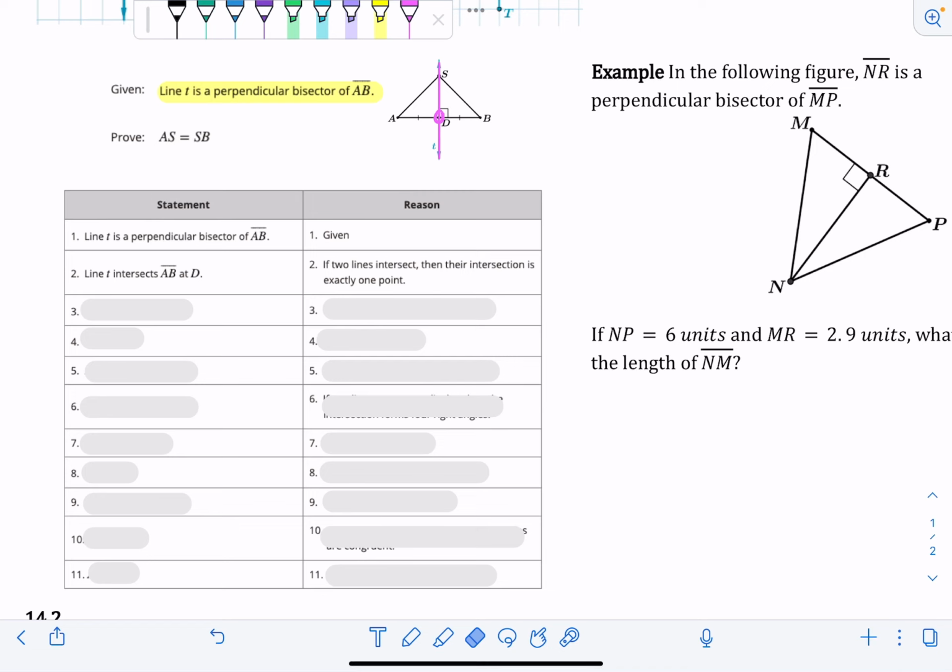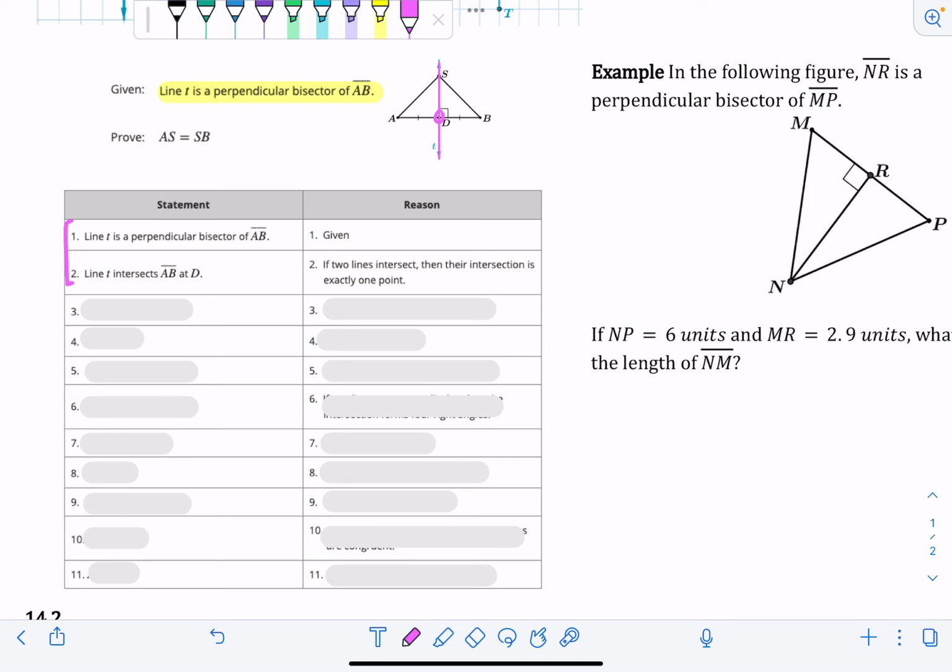Okay, so the third statement we're going to use is that line T bisects segment AB at D. So we know that T bisects AB, and we know that T intersects segment AB at D. Now we're pulling these two together.